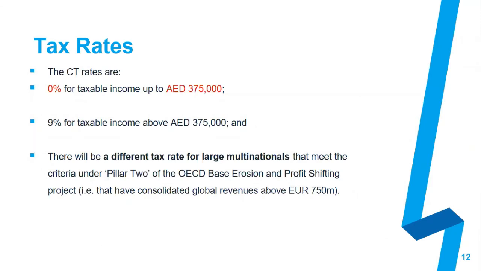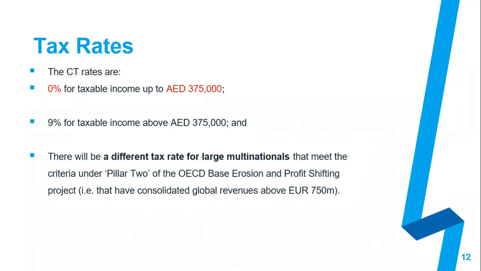And what is considered Pillar 2? Here I have mentioned the revenue. If their consolidated global revenues are above 750 million euro, then the tax rate will be different for your entity and you will fall under Pillar 2. I will summarize this.